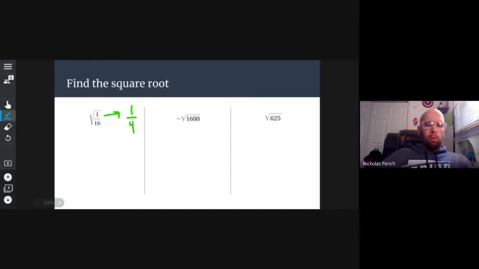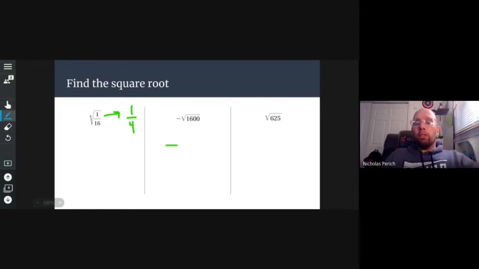The negative's on the outside, so I'll put that negative there. Square root of 1,600. There's no way it could be 40. The square root of 1,640 is approximate. What's the square root of 1,600? The square root of 1,600 is 40.